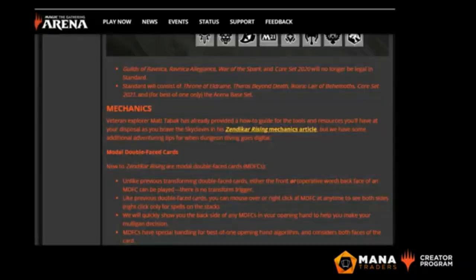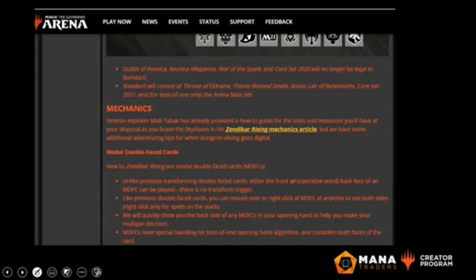However, with the advent of the Zendikar Rising expansion, they introduced the modal double faced cards, or MDFCs. These cards are spells on one side, lands on the other, and so it is important for the hand selector algorithm to be able to account for this.